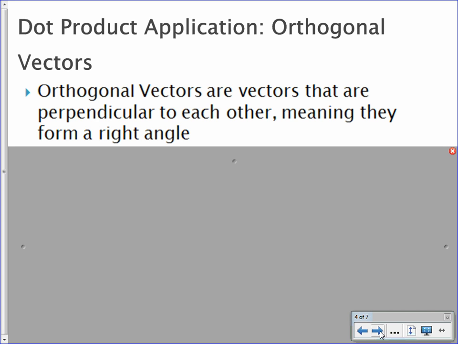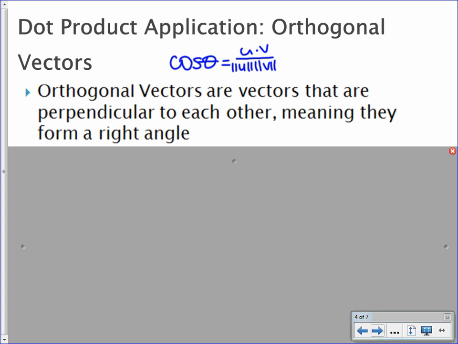So let's think about what this means in terms of our formula from the previous slide. We know that the cosine of the angle in between two vectors is the dot product over the product of their magnitudes. What is the cosine of 90 degrees? The cosine of 90 degrees is 0.